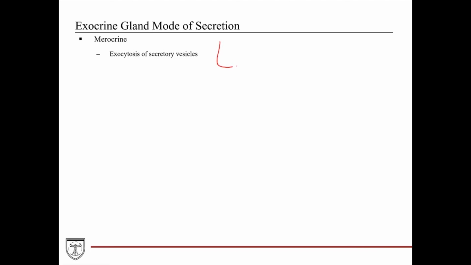That just means that in the cell with secretory vesicles in the apical compartment, some of these vesicle membranes will fuse with the apical cell membrane, like this. And then whatever used to be in the vesicles will be released into the external environment. So that's merocrine secretion, and the majority of the exocrine glandular cells will release their products via the merocrine mode of secretion.